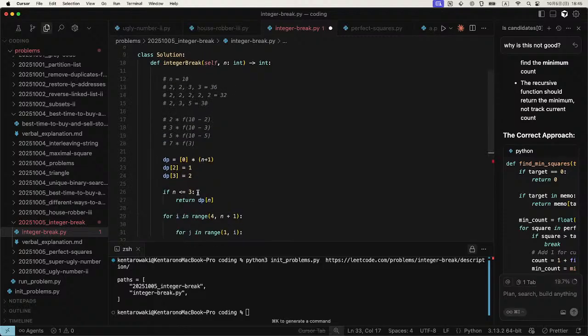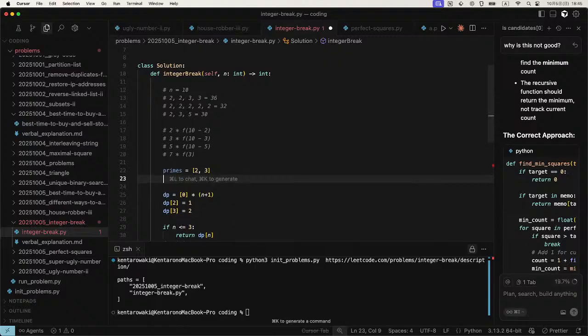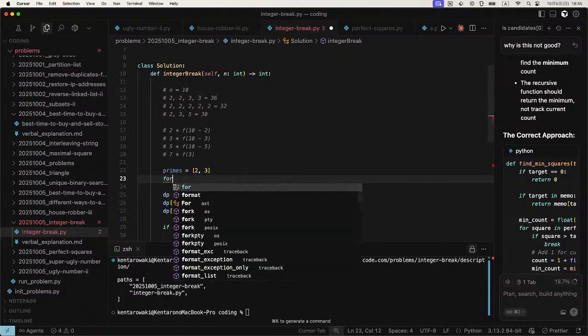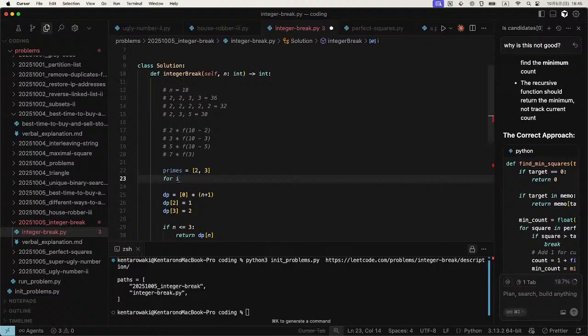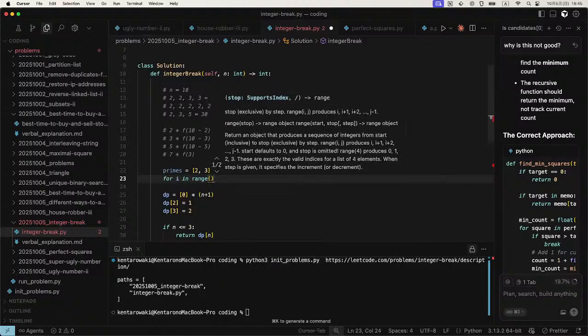We have to figure out how to find the primes.